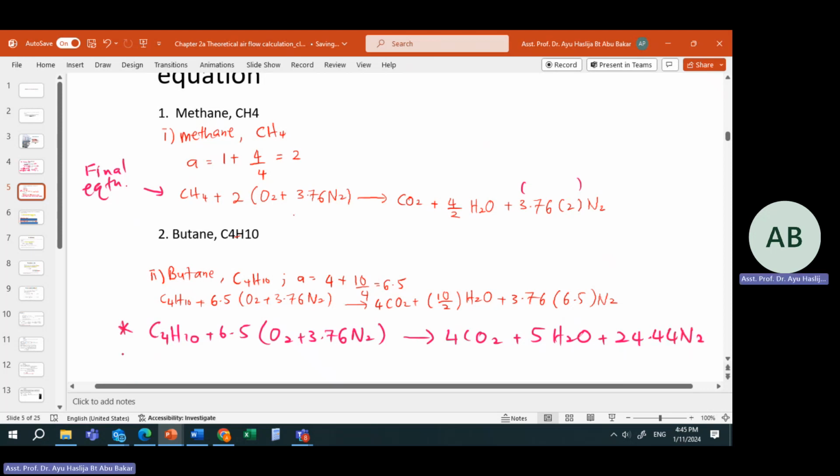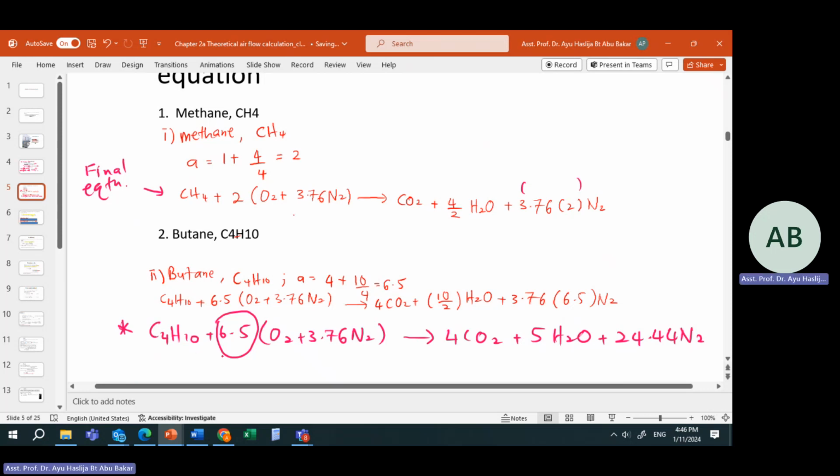Okay, so this is the final combustion equation. Meaning that 1 mole of butane hanya memerlukan 6.5 only, minimum amount of air, 6.5 mole. So if you supply less than 6.5, combustion tu incomplete, correct?